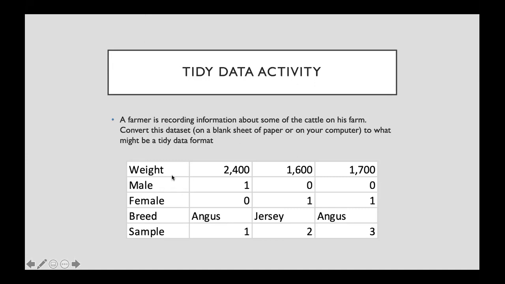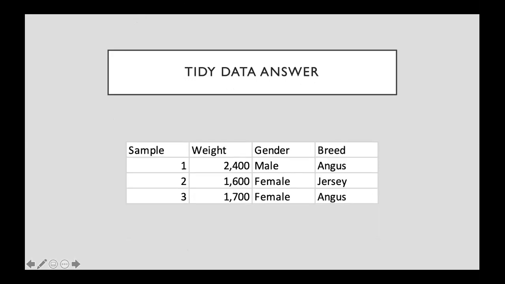Okay, so whenever you're looking at potential variables in this set, the male versus female might have been a little bit confusing, and this one was a little bit of a challenge. So, let me skip to the next slide. The way I would arrange this in tidy data would be to collapse those original two rows into a single gender column for our variable gender.